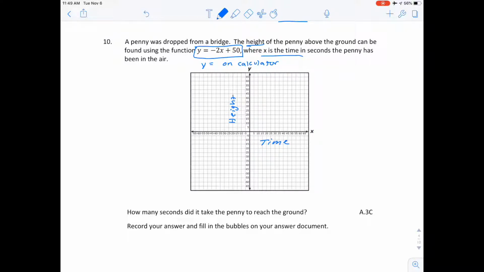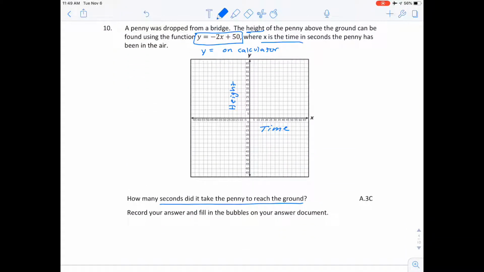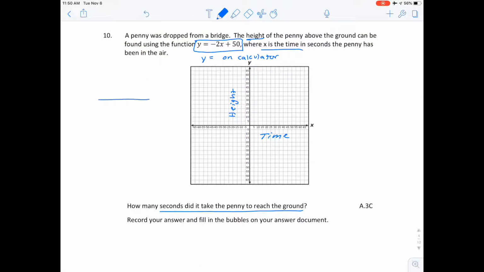So if I want to know, the question says how many seconds did it take the penny to reach the ground? Well, just like on that last problem, remember the ground, what's the height at the ground? Well, the height is 0 feet in the air if we're on the ground. So our height, when it hits the ground, is going to be 0, right?